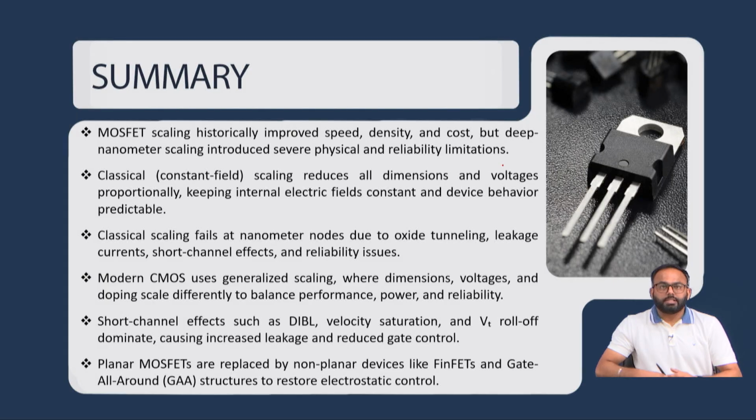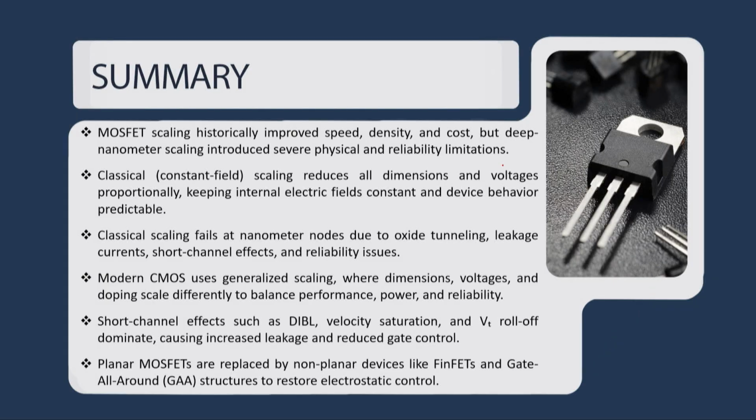So, let me summarize that in this lecture we have discussed scaling, which is an important fundamental approach to grow the semiconductor industry. We have said that earlier, around 2000, the MOSFET follows a well defined scaling rule, which comes under classical scaling. The classical scaling is defined as constant field scaling and constant voltage scaling.